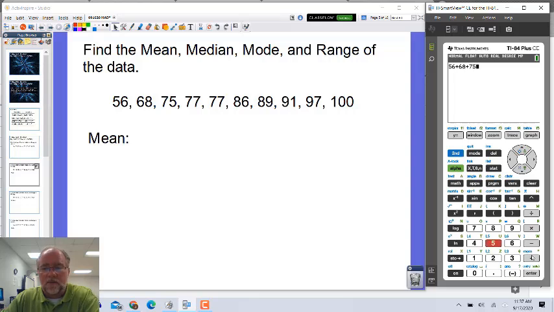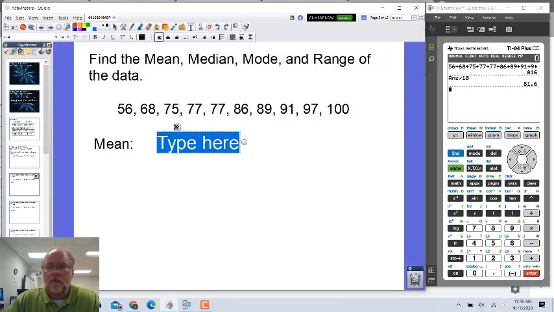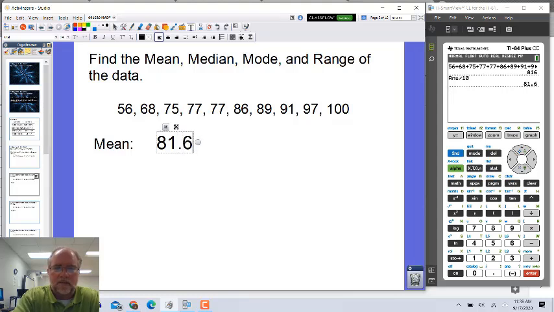So plus 75, plus 77, plus 77, plus 86, plus 89, plus 91, plus 97, plus 100. I think I have all 10, so I hit enter. I get 816. Now we're going to take that number and divide it by 10 because there are 10 data points in our data. And we end up with a mean of 81.6. So hopefully you came up with that same value.